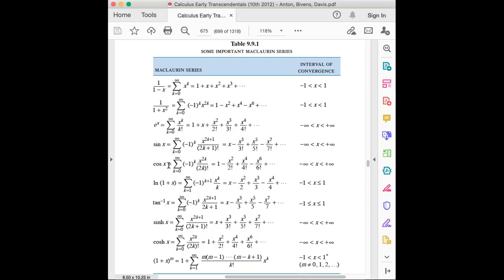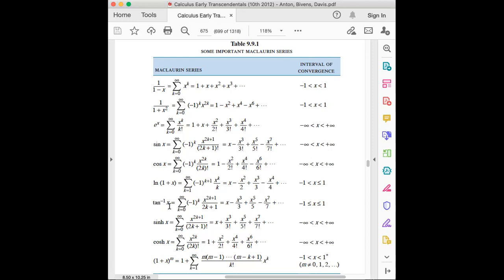They will be used commonly in our discussion and in future courses. Ln of 1 plus x, you can derive using this expansion. But anyway, I think this one is also easy to memorize, so you can do that.